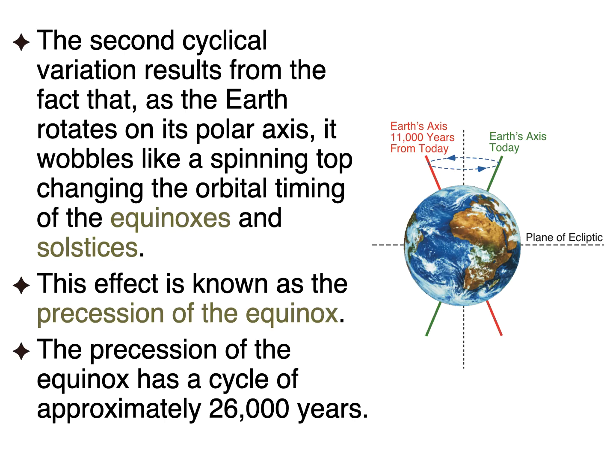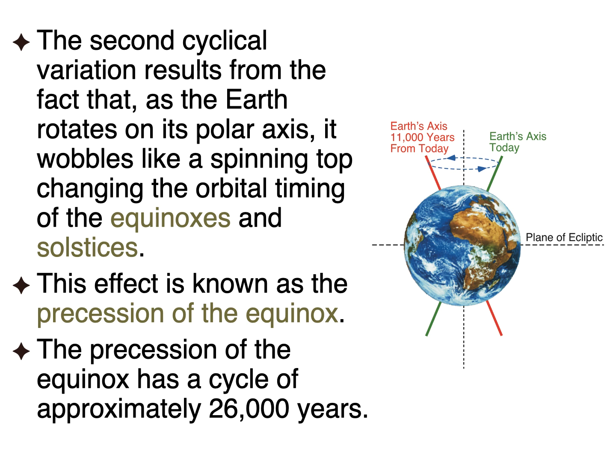The second cyclical variation results from the fact that the Earth rotates on its polar axis, and this axis moves around due to a wobble that's involved in the spinning of the Earth. This wobble changes the timing of equinoxes and solstices.